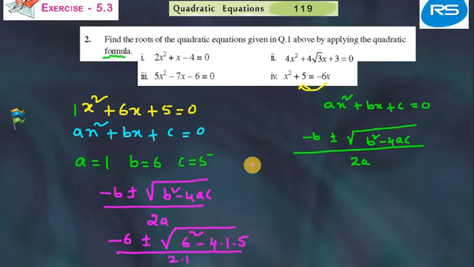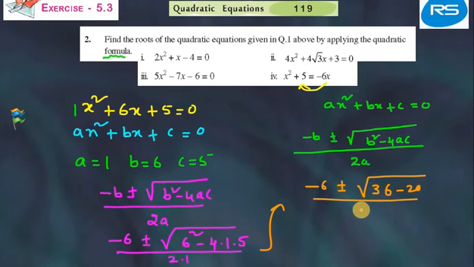So why? Because a value is 1. So further simplification, minus 6 plus or minus, so what is the value of 6 square? 36 minus 20, by 2 into 1. So minus 6 plus or minus, so what is the value here? You will get it as root 16 whole by 2. You already know what is the value of root 16? That is 4, by 2.